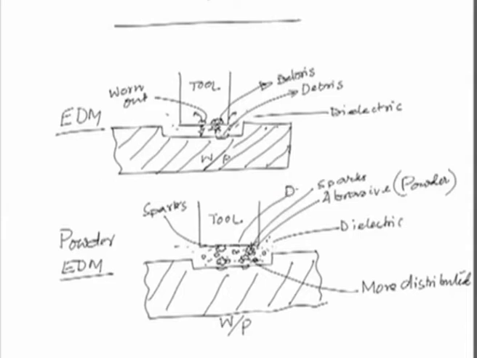So, this is the debris produced because of powder EDM, which is less in quantity in comparison to the previous case. This ultimately results in reduced tool wear.